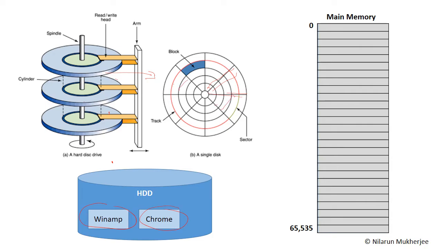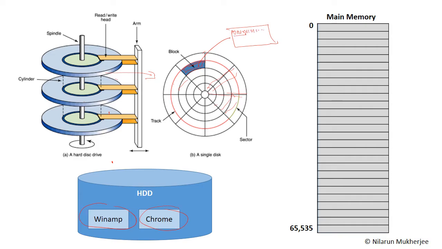In a sector and track cross section we have a block. In that block, data is stored in a sequential manner, 0 1 0 1 1 0 0 1 1 1 1, like that.